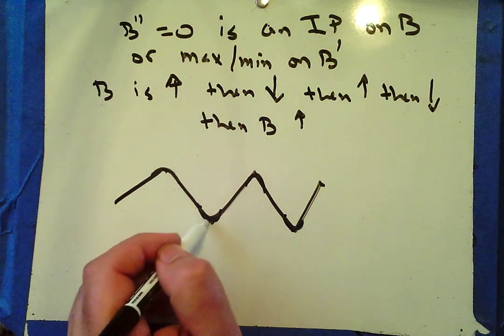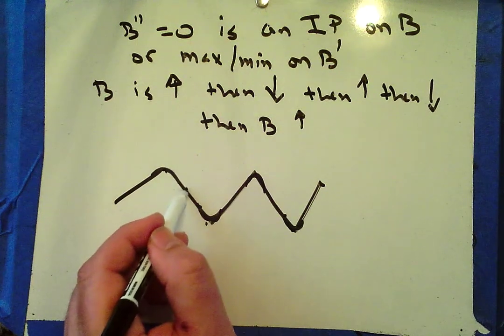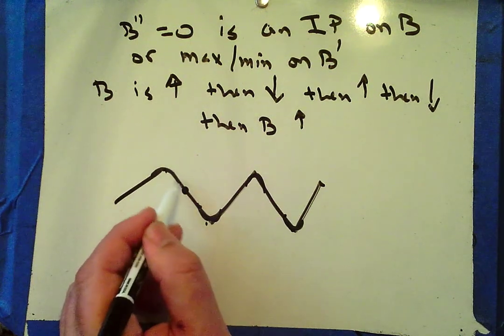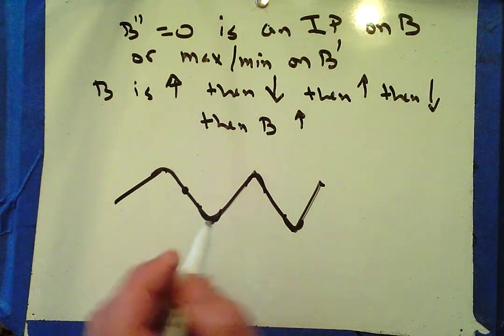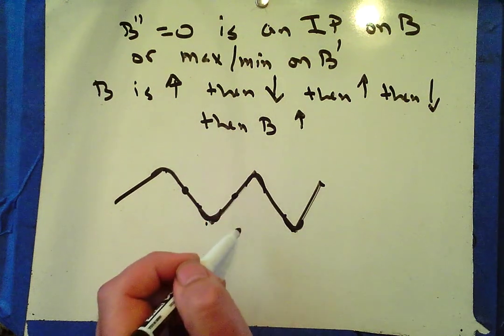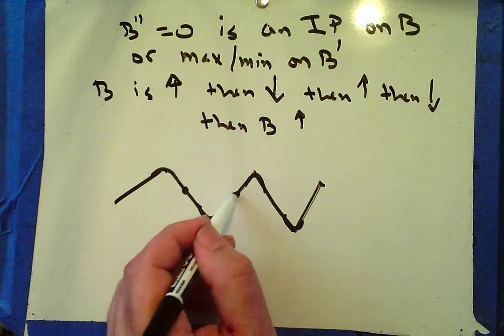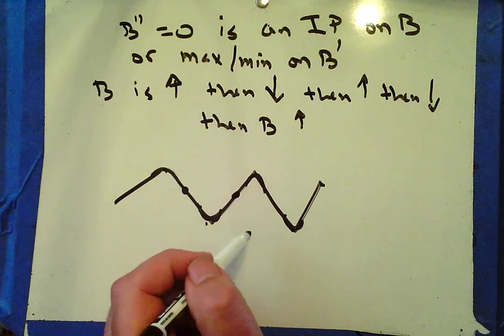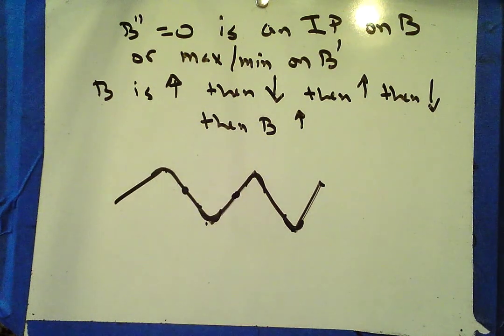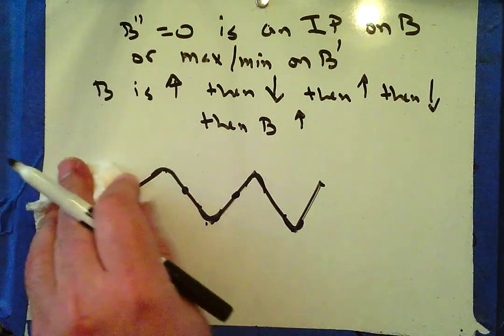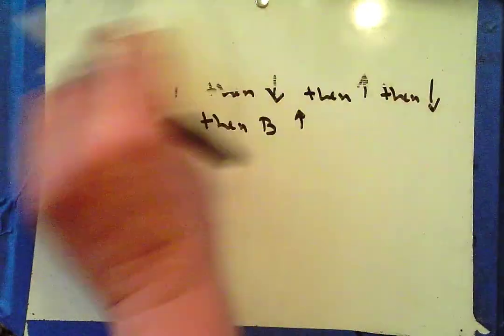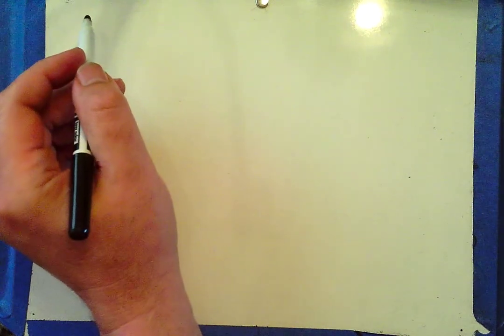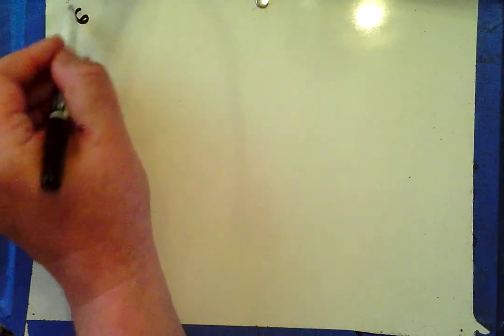Between this max and this min, I have to have an inflection point because I'm going from concave down to concave up. And then I'm going to have another one over here. So I definitely have two places where B double prime equals 0. But that's a tough one. Oof, yikes.